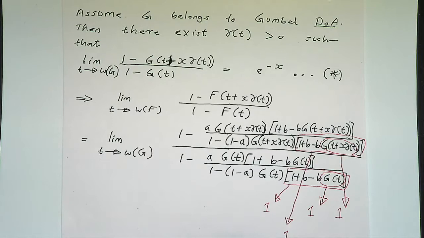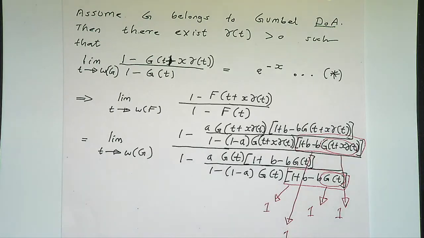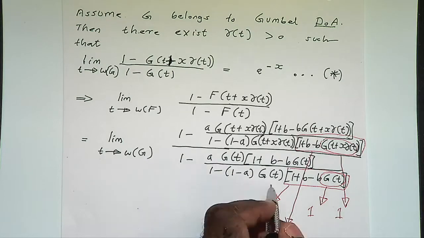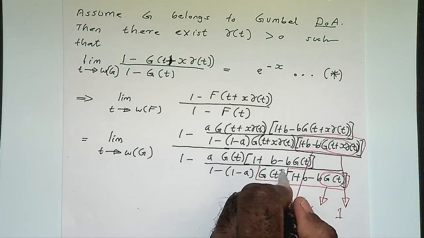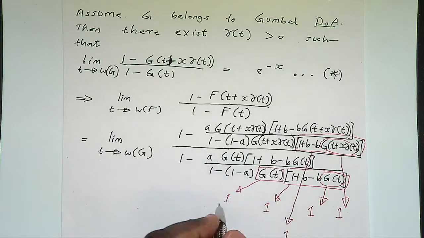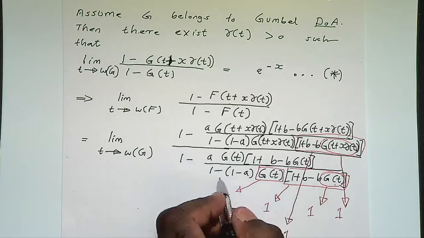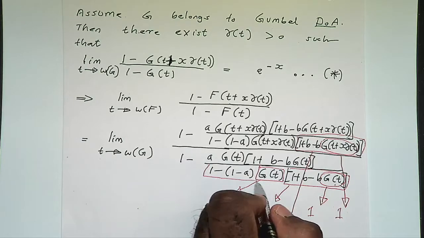Similarly, because GT goes to 1 here, this guy goes to 1, and we also know that this goes to 1.